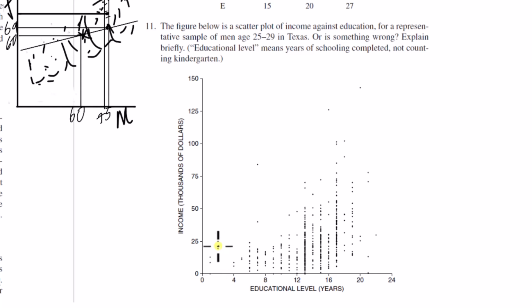But okay, you've got a low income level here, and then the income rises with educational level. That makes sense. I mean, it's heteroscedastic. It's not football shaped, but there's nothing wrong with that. Heteroscedasticity doesn't mean something's wrong necessarily, because with a higher education level, there's just more job options.